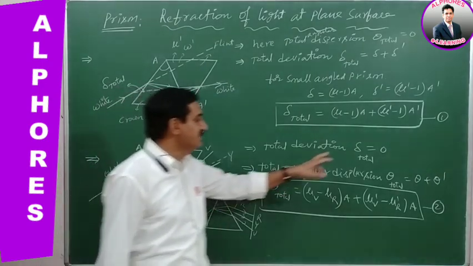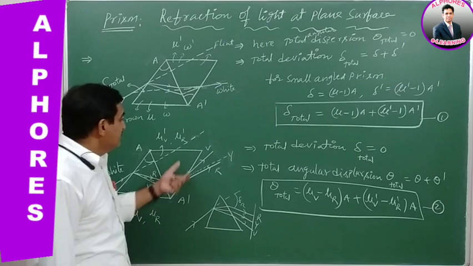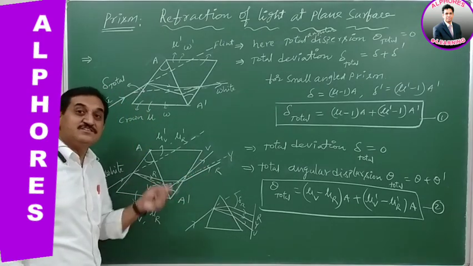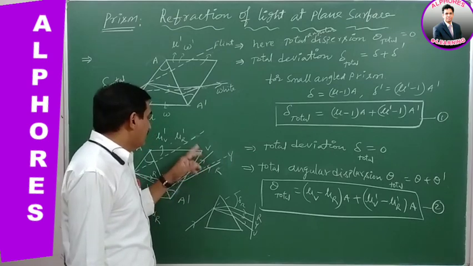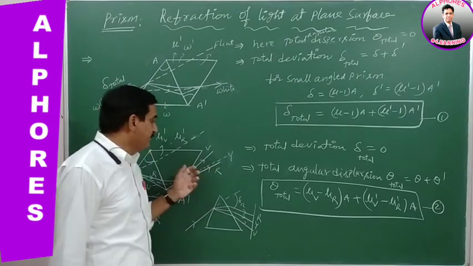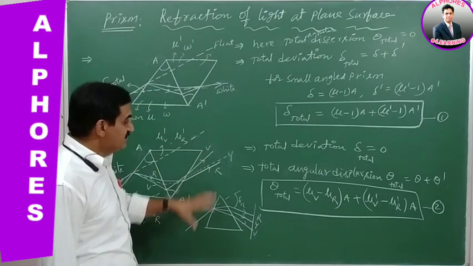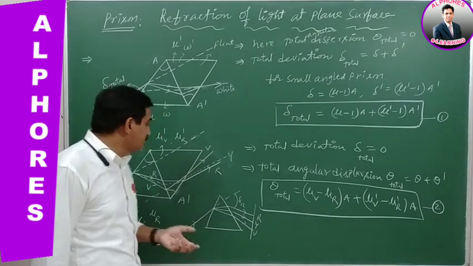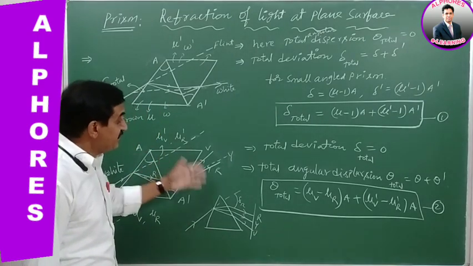The total deviation is 0, but it gives the dispersion because the emergent light is not white light; colored light rays are emerging from this combination, so finally we get VIBGYOR colors. Therefore, there is a splitting of the white light into 7 colors, so it has dispersion.